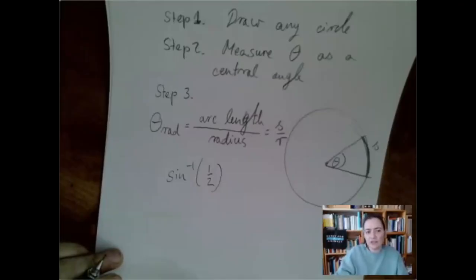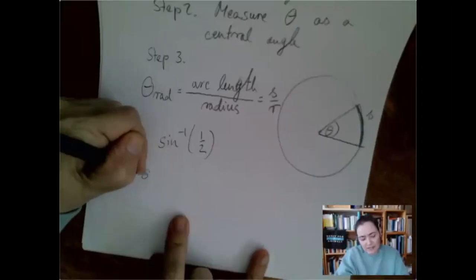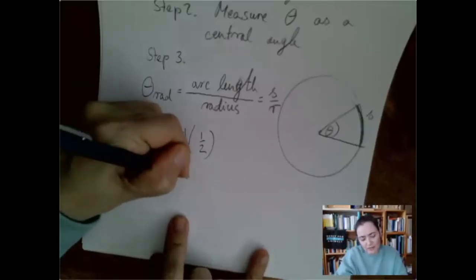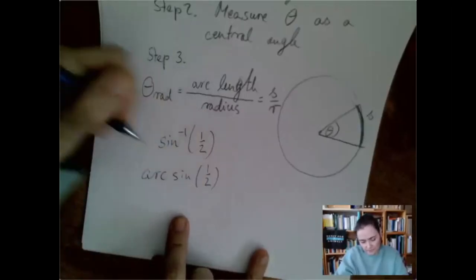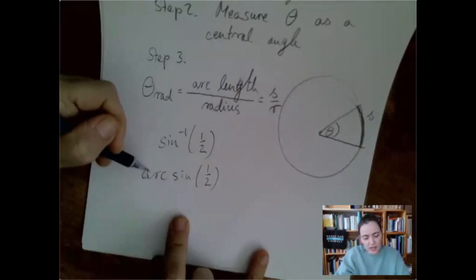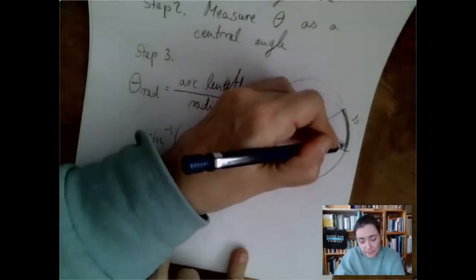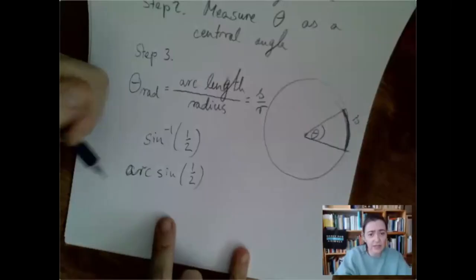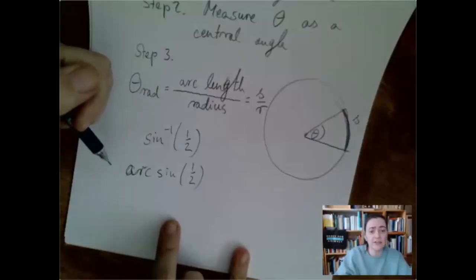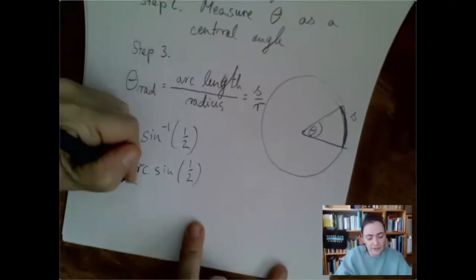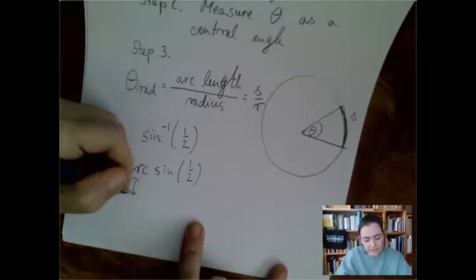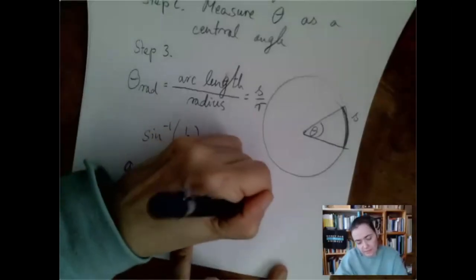But there's another notation for that, and it goes like this: arc sine of 1/2. Well, that arc is not like an abbreviation. That's the arc length, because in the unit circle, the arc length is the angle measure, right? So this is that arc length in the unit circle.